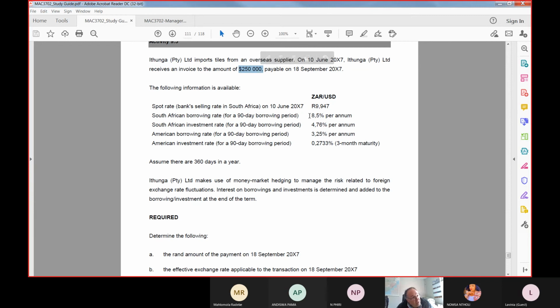And in South Africa, you're going to be paying interest at 8.5%. That will take into consideration what the total cost is, and then we divide that by the amount of dollars to calculate my new effective exchange rate.